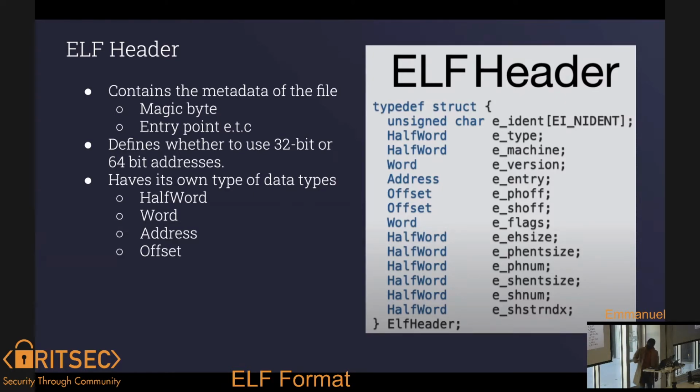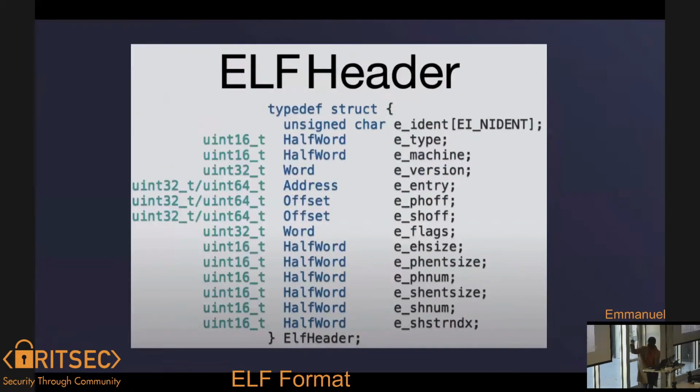But I'm going to show you the equivalent C version, which is right here. As you can see, the half words are just 16 bits, words. And the address and offset is where you can define if it's a 32 or 64-bit binary.